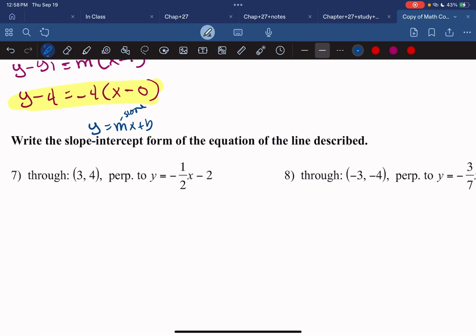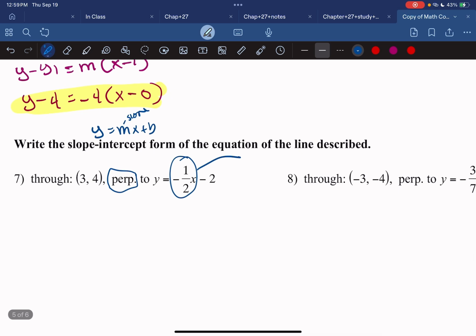So it's going through these points and it's perpendicular to this. When it's perpendicular, the slope is going to be its reciprocal, so it's going to be flipped and the sign is going to be changed. So here the slope is negative 1/2. Our slope is going to be 2 over 1, which is 2. Flipped and the sign was switched. So this is the slope.